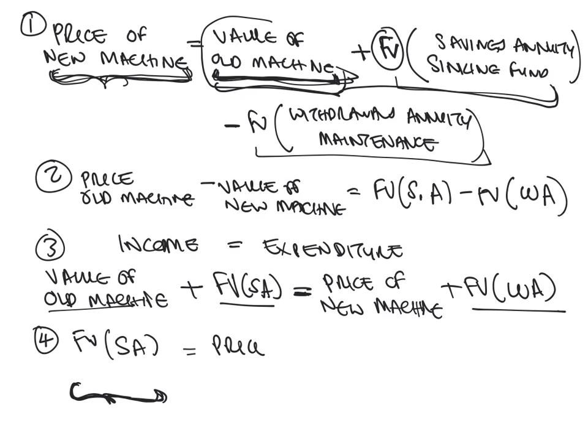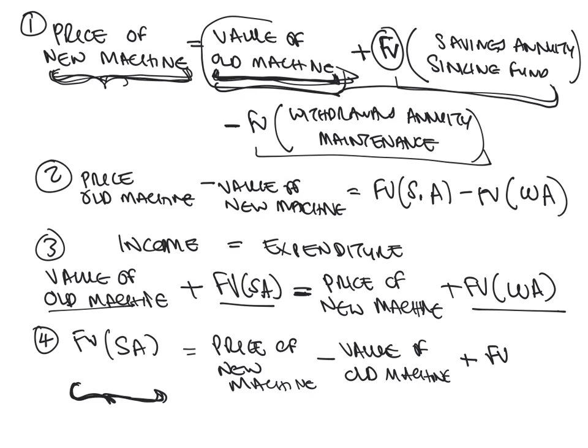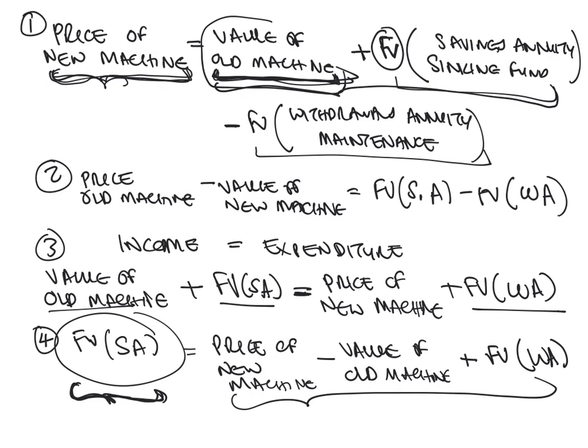It's going to be the price of my new machine, and from there, I need to deduct the value of my old machine. And I also need to add, rather, the future value of my withdrawals annuity. If I add those things together, that should sum to the future value of my savings annuity.